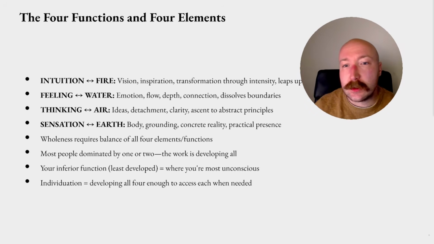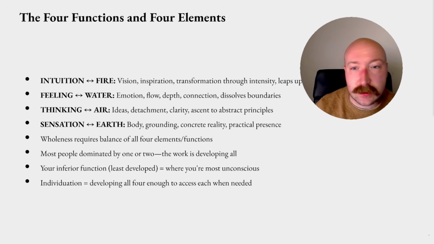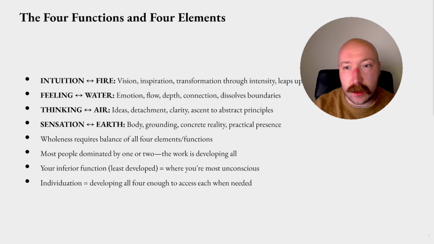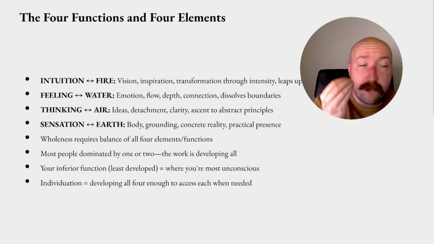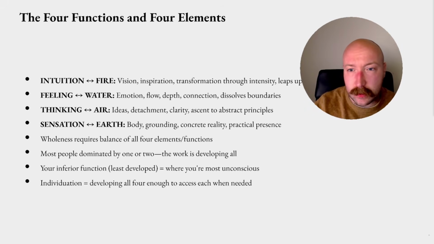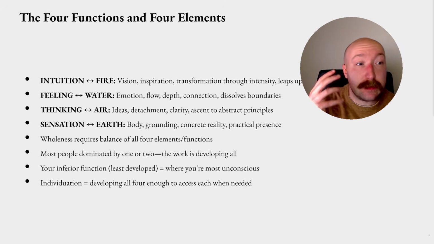Jung noticed that these four functions, intuition, feeling, thinking, sensation, correspond remarkably to the classical four elements: fire, water, air, earth. This is not arbitrary. The elements are symbolic. They're living symbols describing fundamental modes of being. So Jung's functions are modern psychological language for the same underlying realities that then can begin to be mapped.